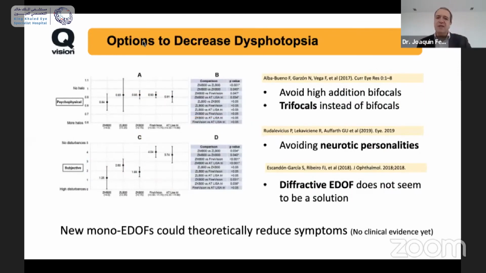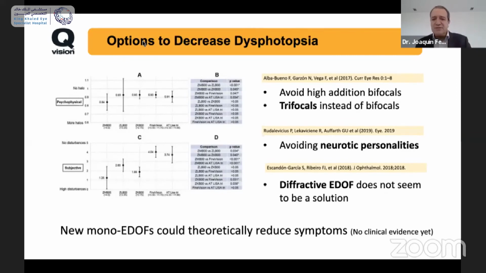We have different papers on how to decrease dysphotopsia. Alba Bueno told us in 2017 to avoid high addition bifocals and use trifocals instead of bifocals. Roda Elevation tells us to avoid neurotic personality, which we know by experience.